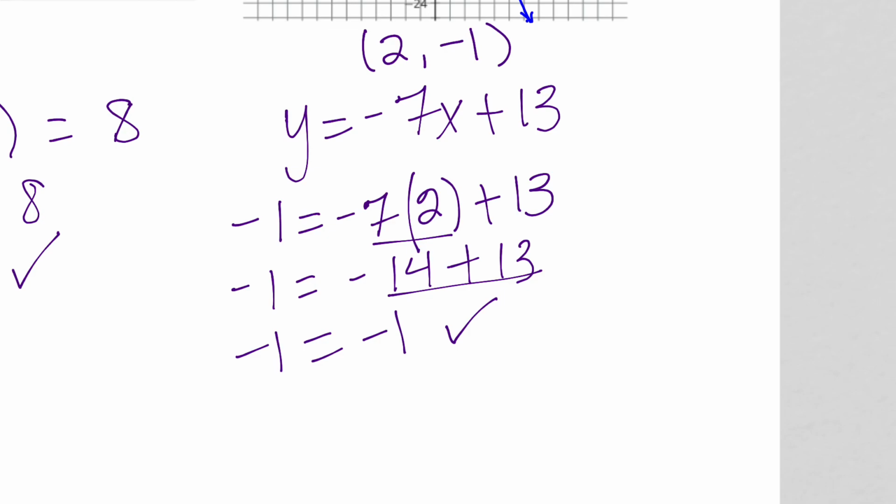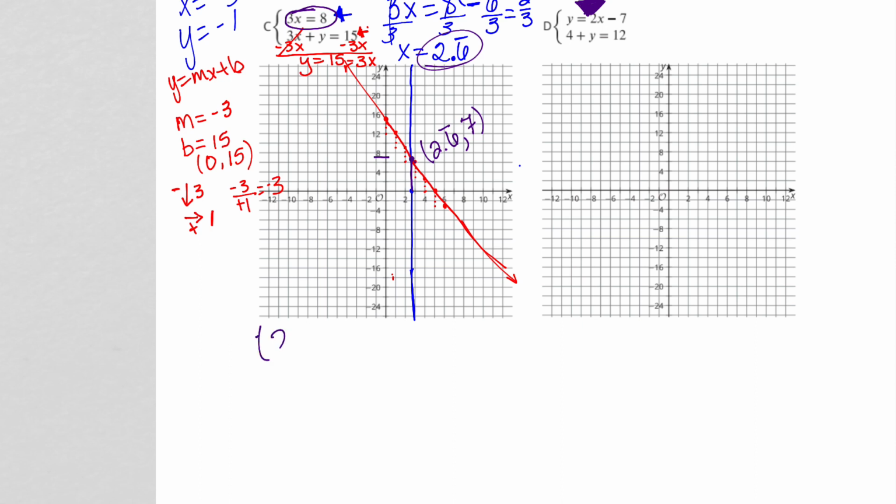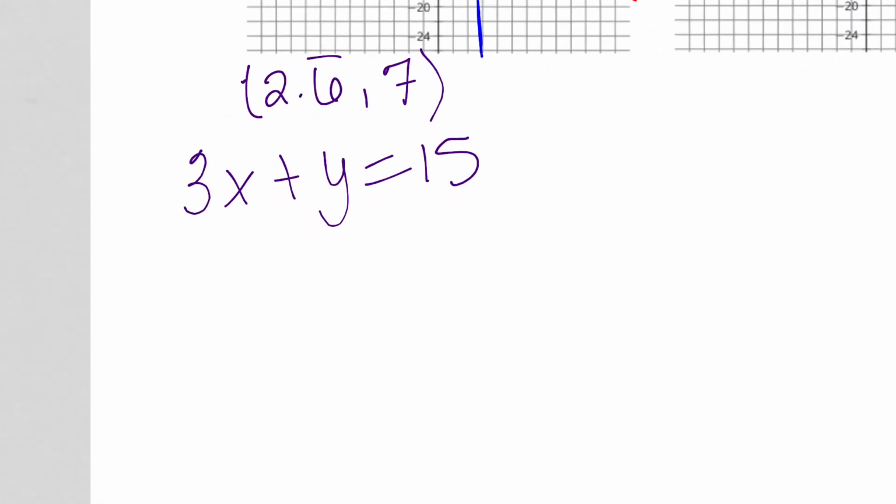Let's do the same thing for the one we just finished. So we got 2.6, 7. And we have 3x plus y equals 15. So we're going to plug everything in. So we're going to have 3 times 2.6 plus 7 equals 15. What was our fraction we had for 2.6 repeating? 8/3.